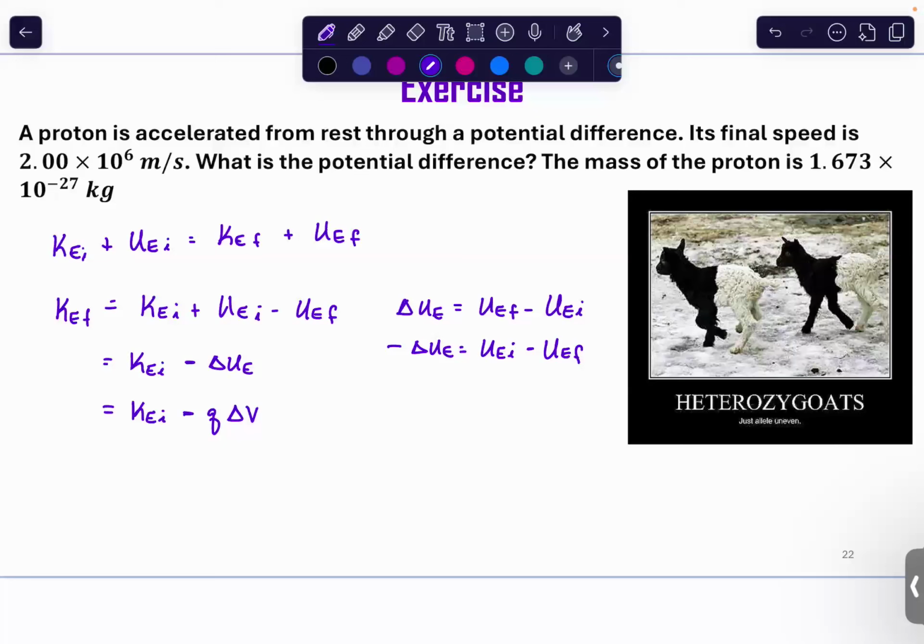So first off, let's look at this. One of these terms becomes zero. What is it? Yeah, because it says starts from rest. So initial kinetic energy has to be zero, because its initial velocity is zero, and kinetic energy is 1/2 mv squared.